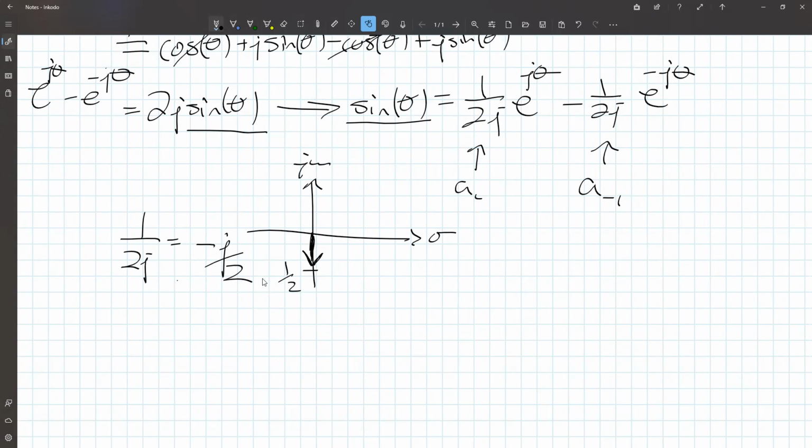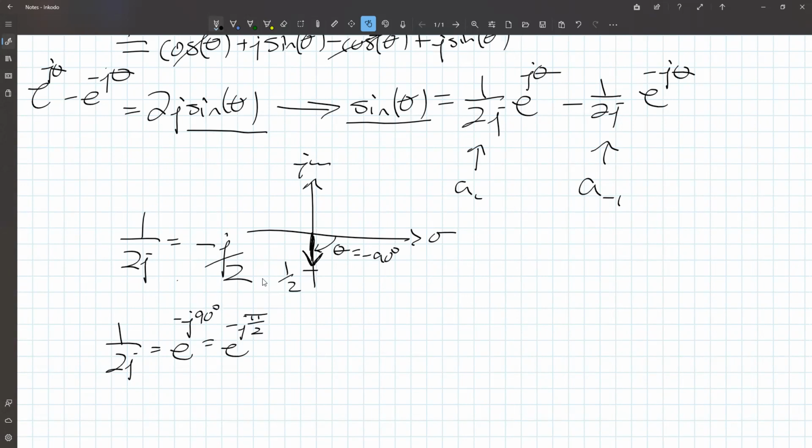Then if I wanted to write this out in polar form, well, here's an angle, and this angle is equal to -90, right? And we said that in polar form, we care about magnitude, which is always positive, and angle. So 1/2J is equal to 1/2 e to the negative J times 90, or in this class we typically use radians.